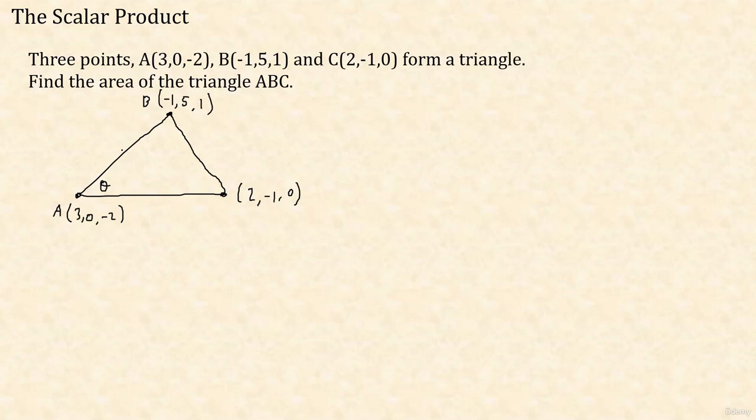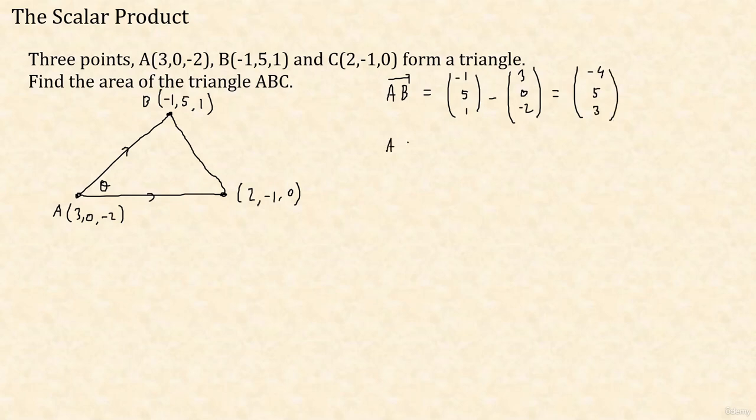So I'm going to need this vector AB and this one AC. The vector AB is just the coordinates of B, minus 1, 5, 1, minus the coordinates of A, 3, 0, negative 2. And that is minus 1 minus 3 is minus 4, 5 minus 0 is 5, 1 minus negative 2 is 3.